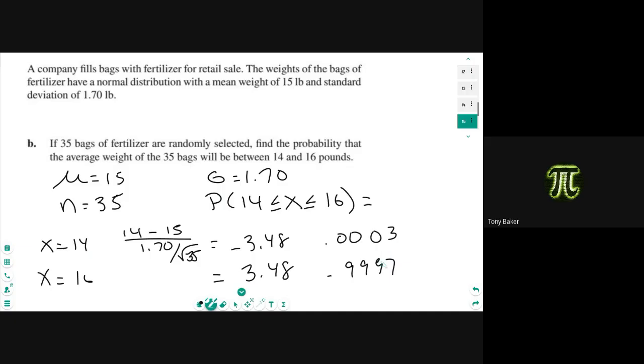All right. So again, I would subtract those two, right?